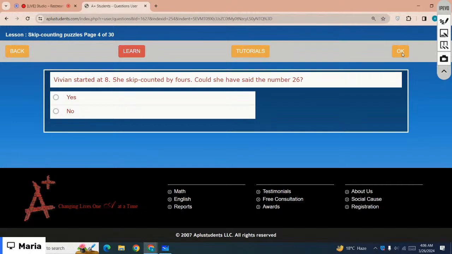No, you don't have 26, right? The correct option is no. When you start with 8 and skip count by 4, you don't have 26 here.